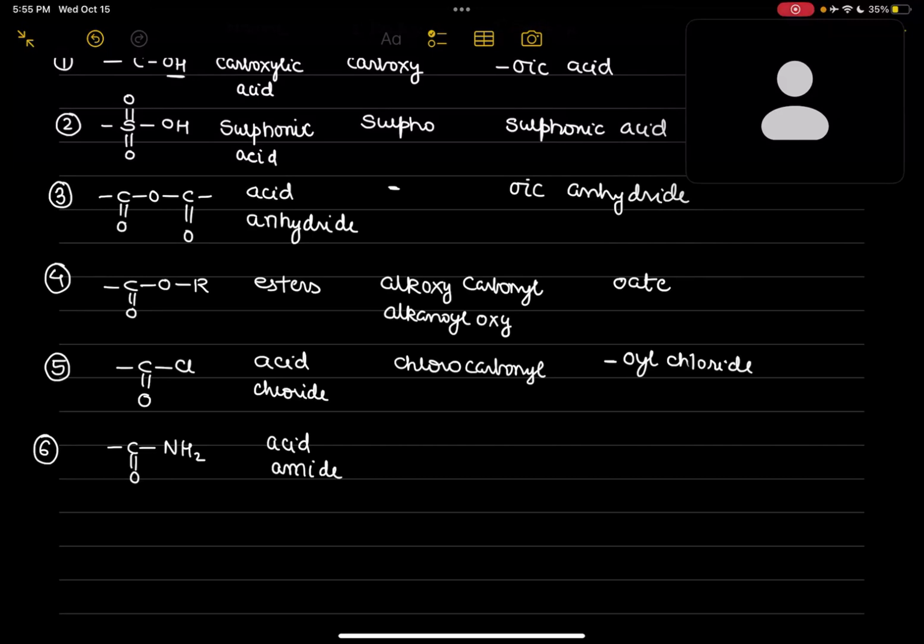Got it? The prefix is carbamoyl. Okay. And the suffix is amide.